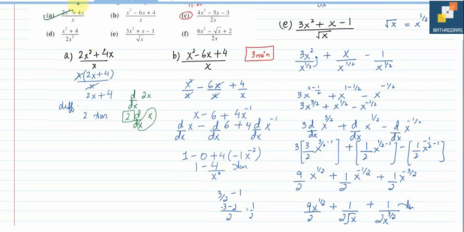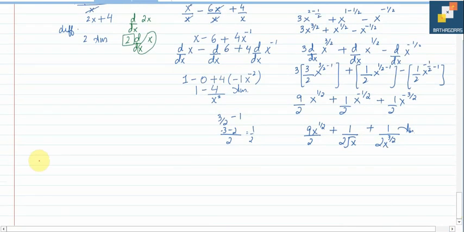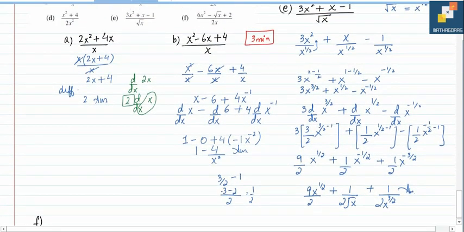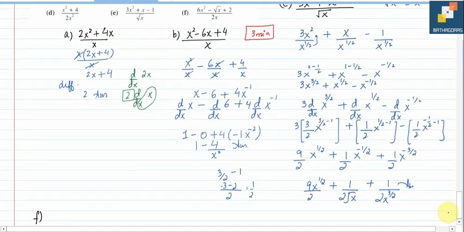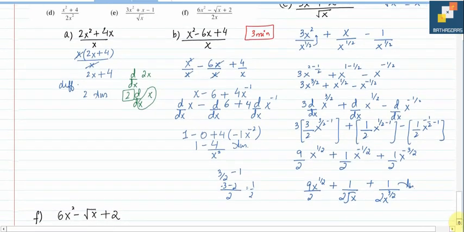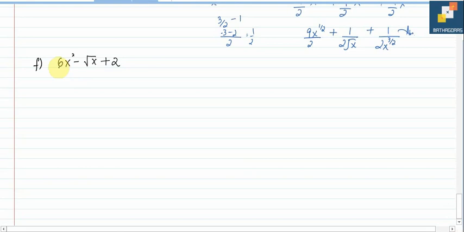All right, now moving on to the next part, part F. Question says 6x square minus under root x plus 2, divided by 2x.